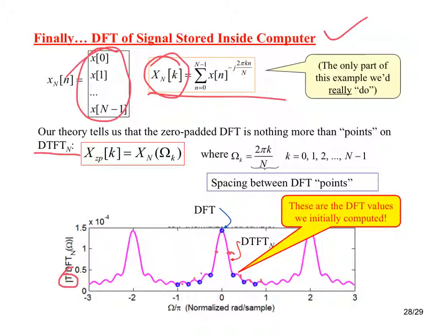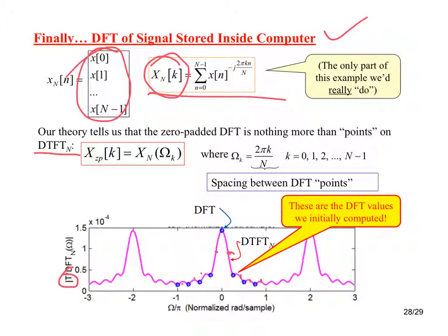Now, you might argue, well, yeah, but look, in this case, leaving out those ripples actually gives me something closer to the real one. Well, that's just luck for this one. I would not count on that for any kind of real-world case. We want to see what's there, because we want to see if we have significant leakage error and things like that. So if we could make this grid as fine as we want, the points will always lie on this magenta curve.